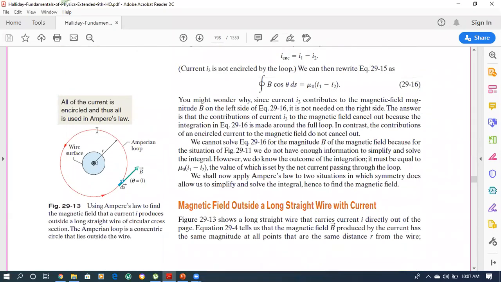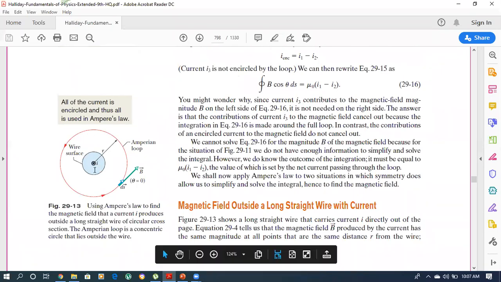Now the situation is given. Here is the wire, the blue portion, and this is the Amperian loop. I have to determine the magnetic field at this point.